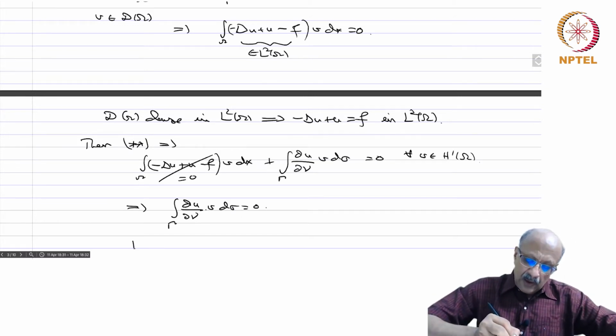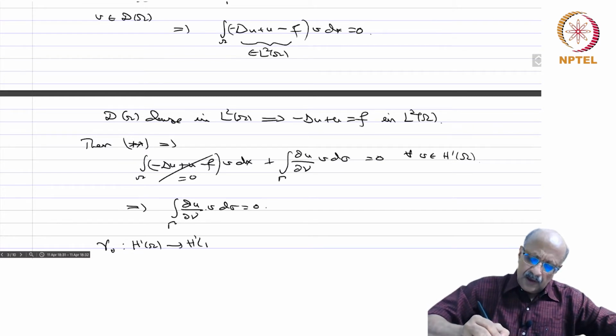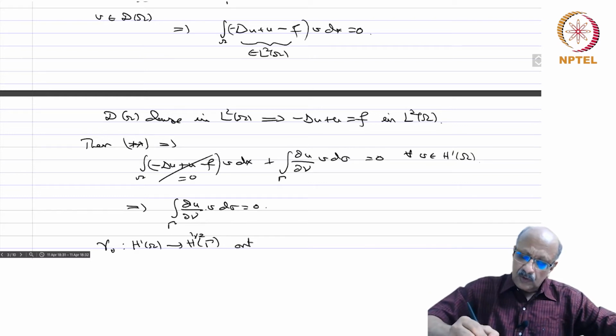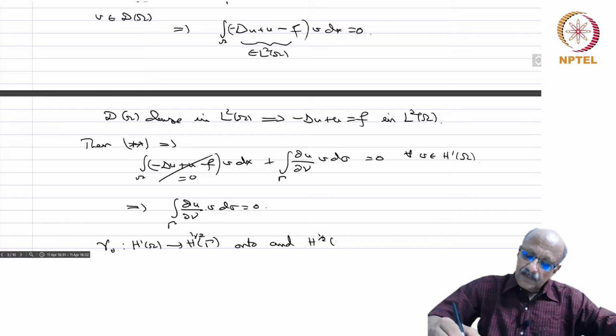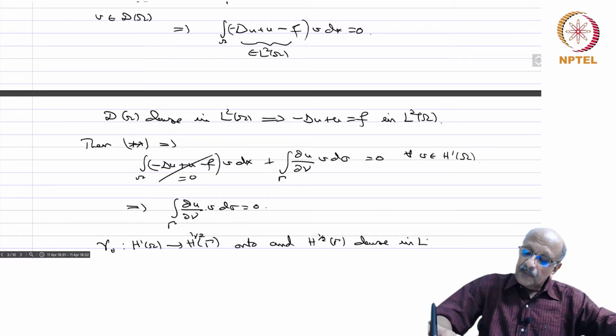Okay. Now the trace operator gamma naught from H1 of omega into H half of gamma is onto, and H half of gamma is dense in L2 of gamma.